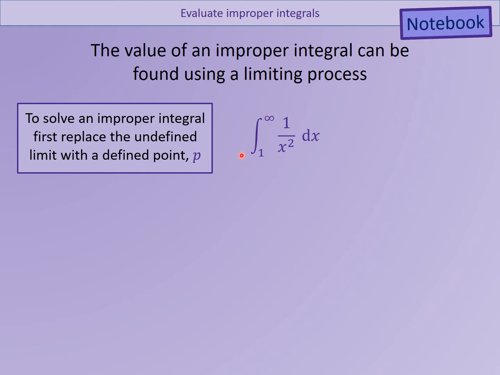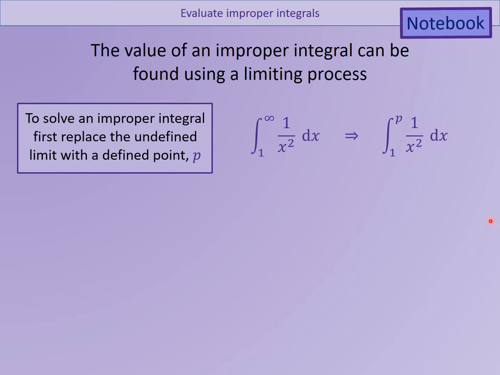Now what we wouldn't do, and where you'd lose marks, is just work out the integration and put in 1 and infinity as the two limits. What you've got to do is define a point, P. That's defining a point that it's going up to, so we're going between 1 and P rather than 1 and infinity.